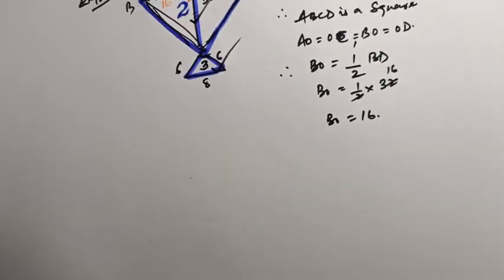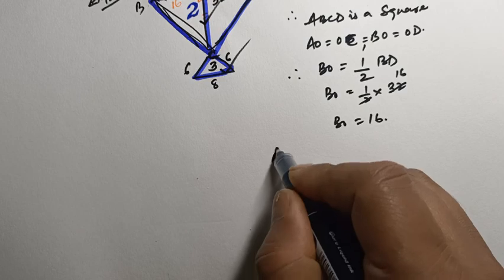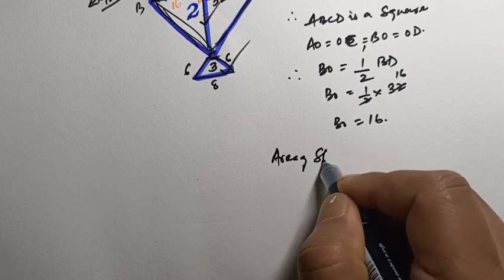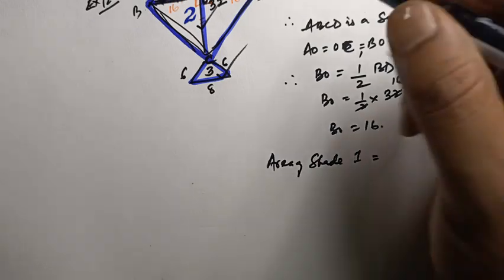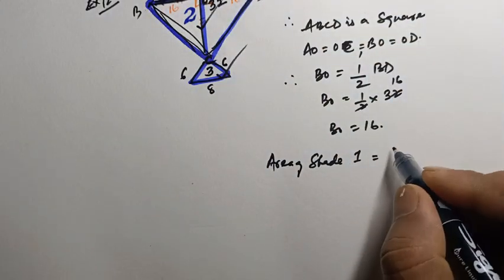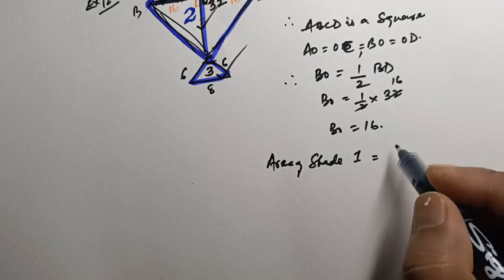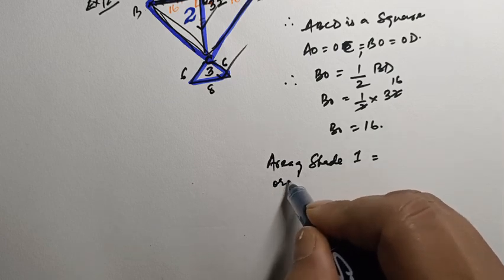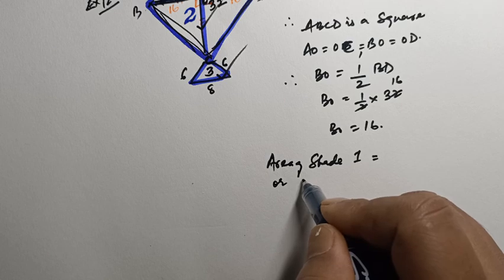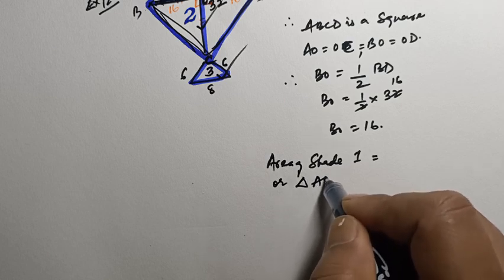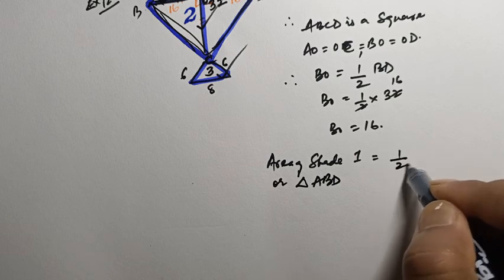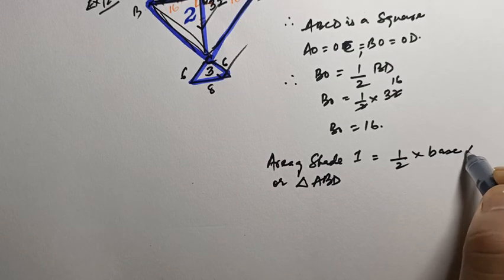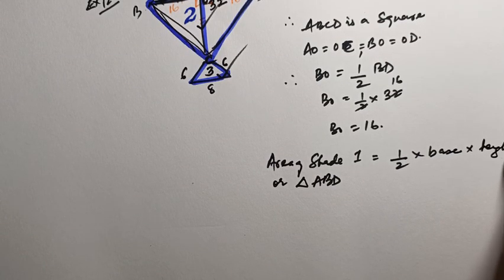Now area of shade 1. This is shade 1, that is triangle ABD. It's a right angle triangle. Area of triangle ABD, I can write it as half into base into height.